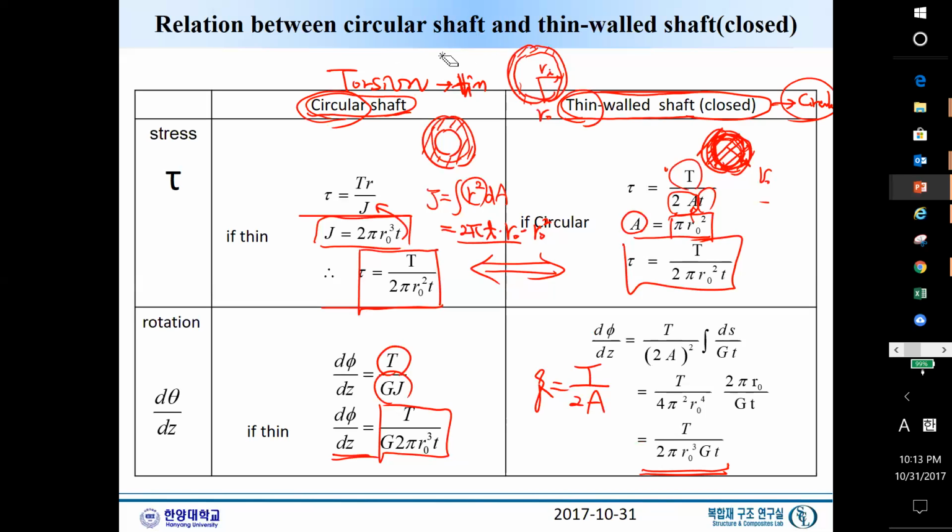This is a nice comparison between regular torsion theory and thin wall shaft theory, and both theories can apply to a thin circular shaft. The results, the shear stress and angle of twist, will obviously be the same.